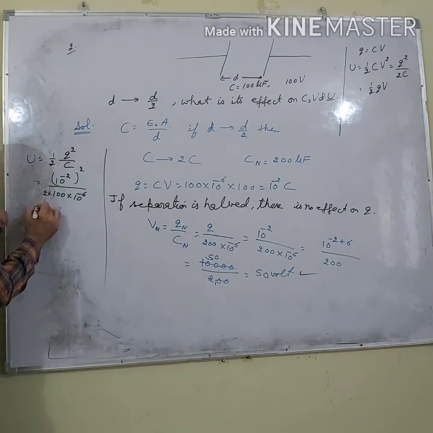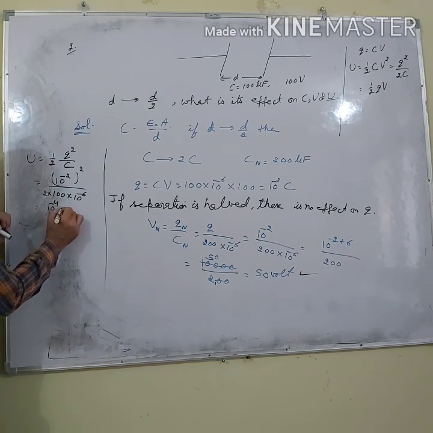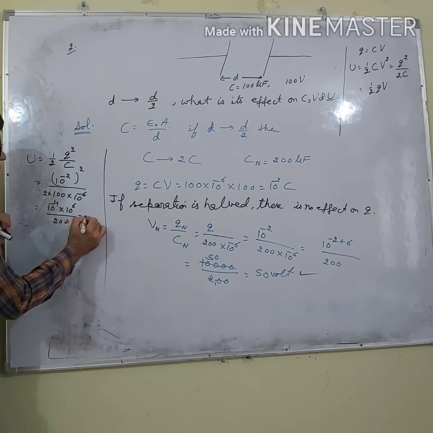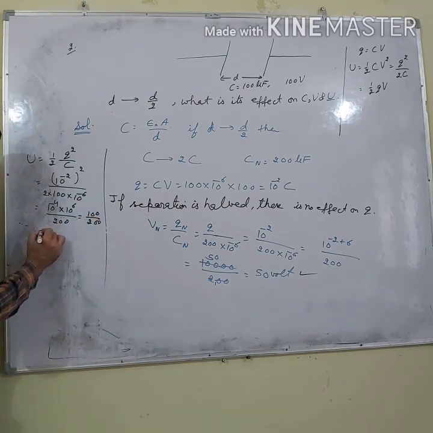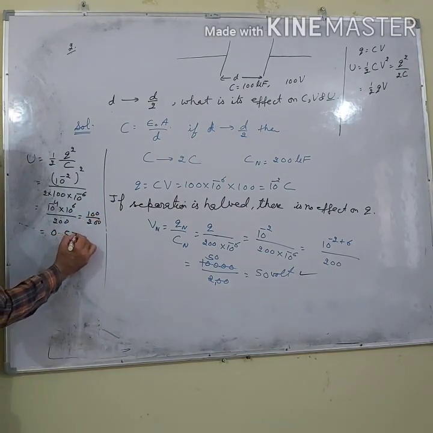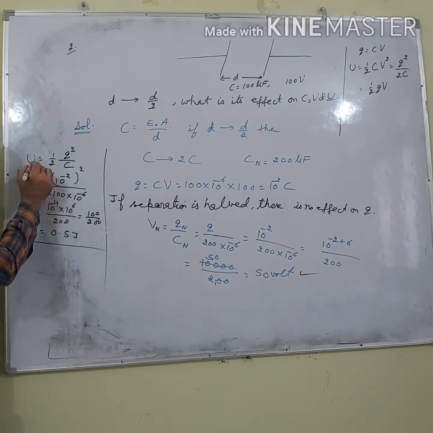So if you solve this, 10 to the power minus 4 multiplied by 10 to the power minus 6 divided by 200. So this is 100 divided by 200. So potential energy is 0.5 joule. This is the initial potential energy.